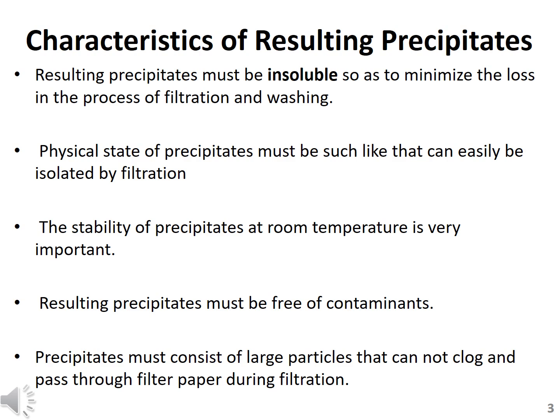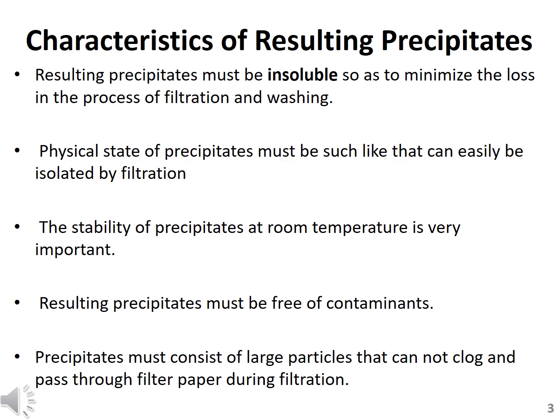So its stability at room temperature is very important. And another important one is that your required precipitate must be free of contamination. The chances of contamination should be minimized.